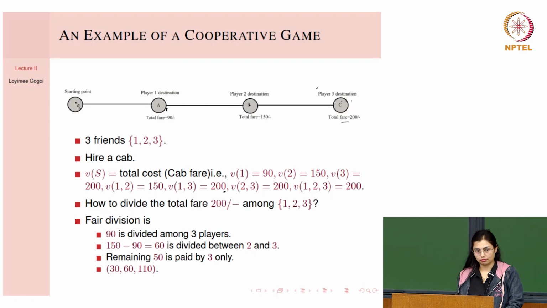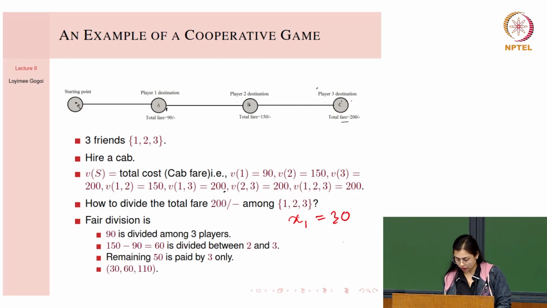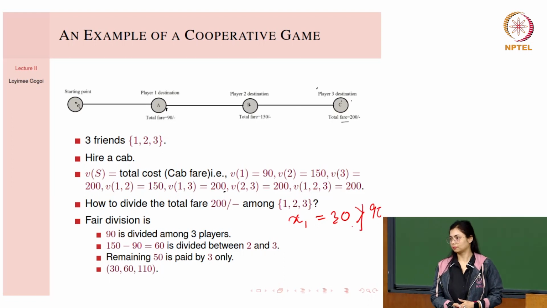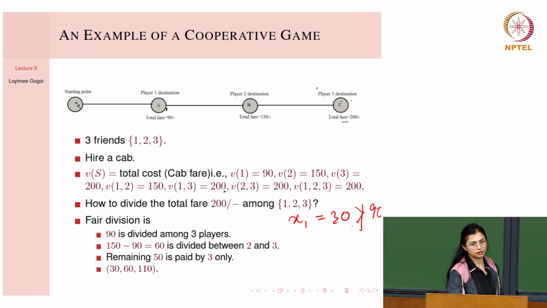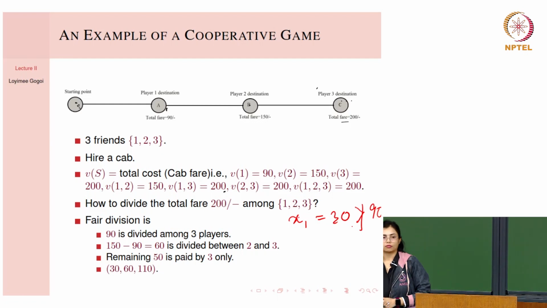Right. Why? Because according to the core solution, x1 is actually 30, it should be greater than 90, V of 1, right. So it's not satisfying all the core conditions. So can we have a core solution here?